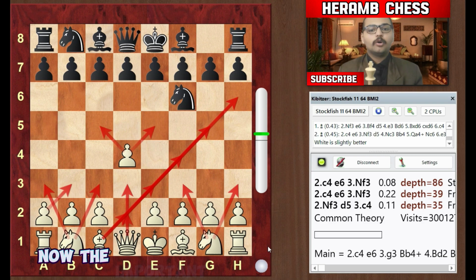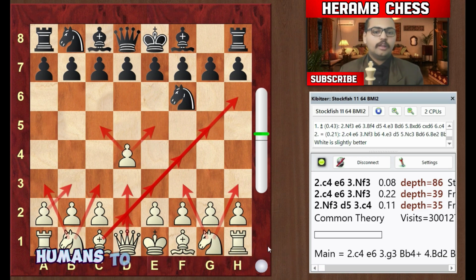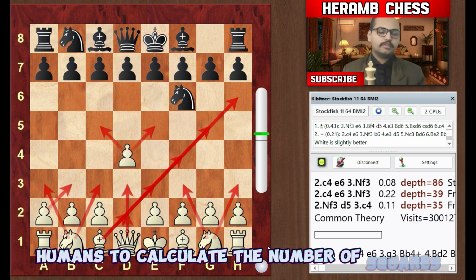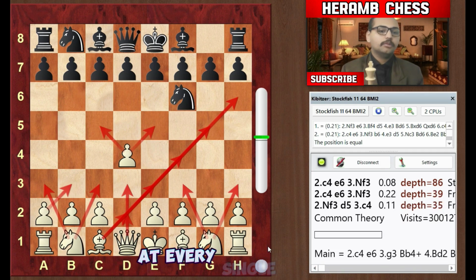Now, the important question that we need to ask ourselves is, is it possible for us humans to calculate the number of squares under the control of every single piece and pawn at every single move?